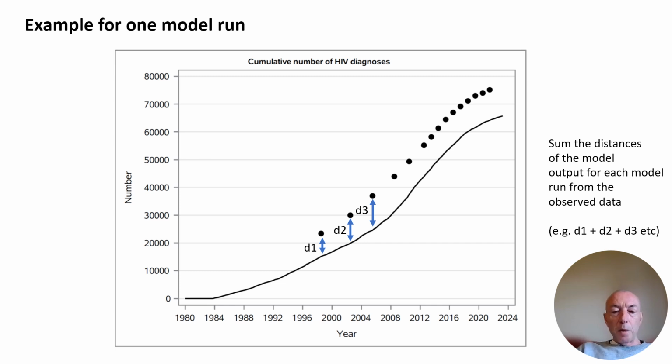So this is an example of the cumulative number of HIV diagnoses over time. The black dots are the data, and the black line is the output from one single model run. And you can see, as illustrated on the graph, how we can sum up the distances of the model output from the observed data.